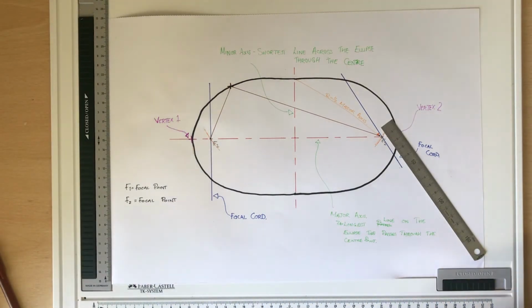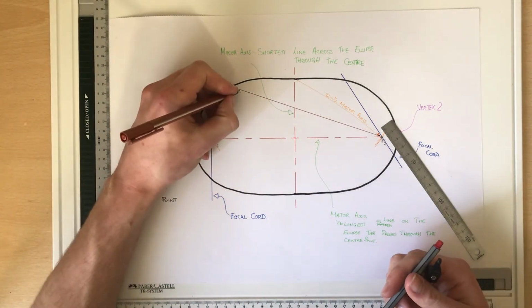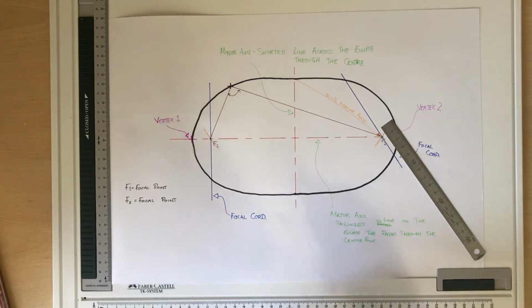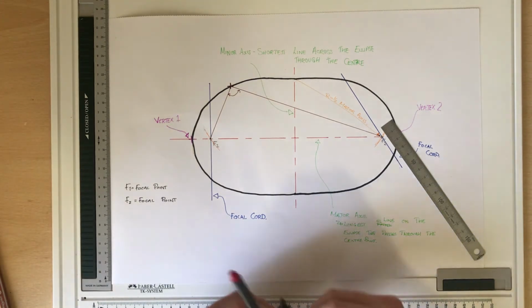We need to bisect this angle in here that is created between the two focal points and the point of contact.